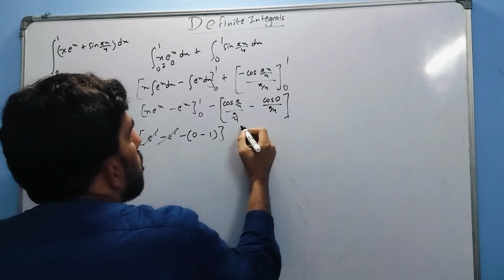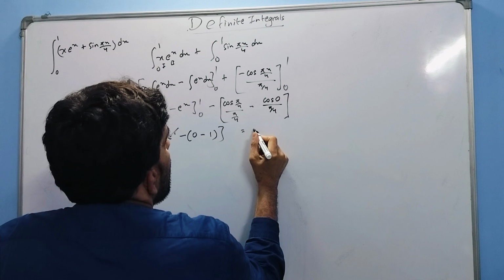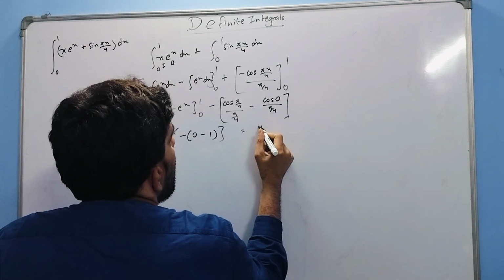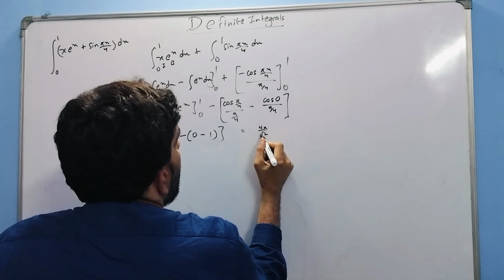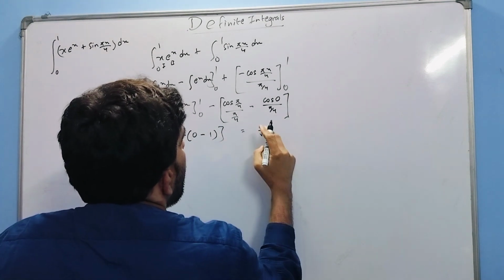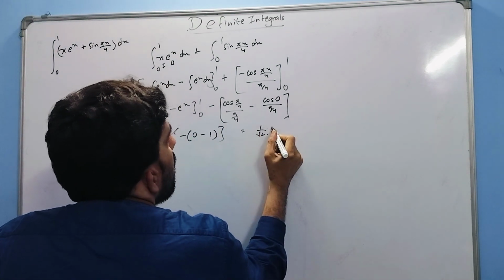Cos 45 is 1 by root 2, so 1 upon root 2 into 4 upon pi.